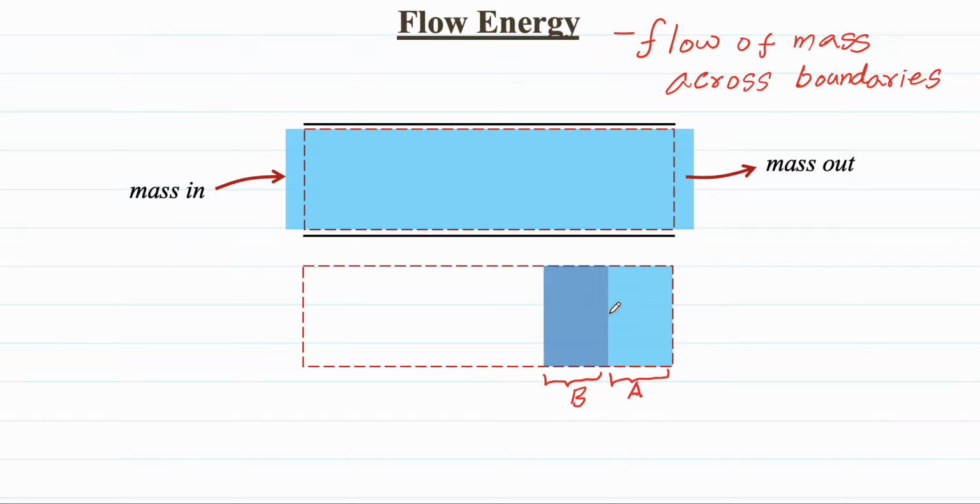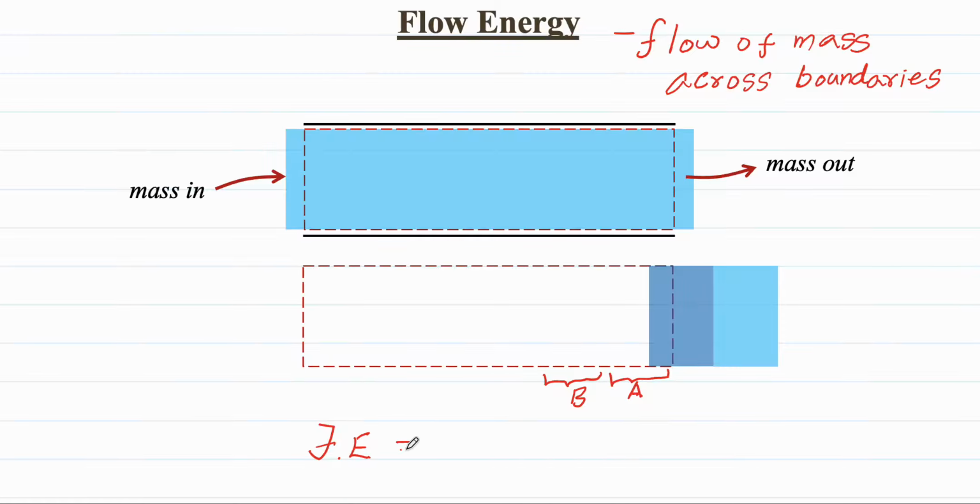The section A should be displaced by section B so that section B can come to the position of section A. We can see here that B displaces A through a distance. Flow energy, which we abbreviate as FE, can be written as force times the distance moved.